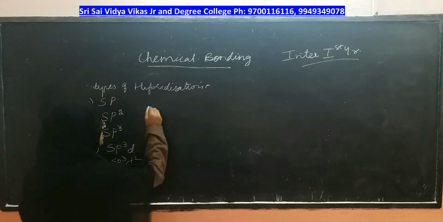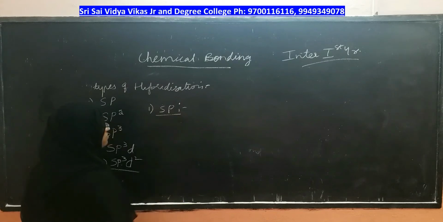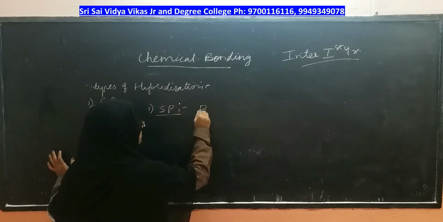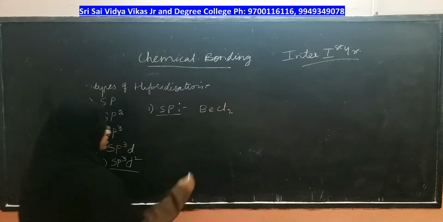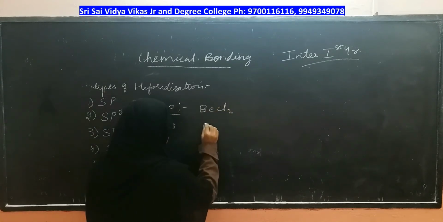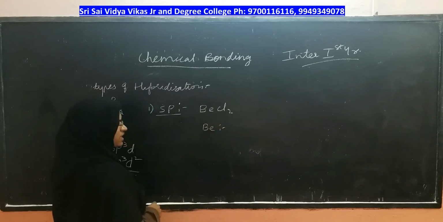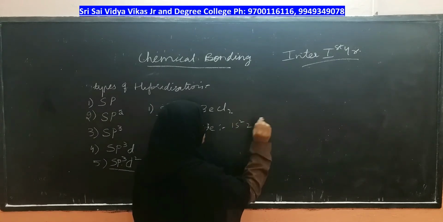sp hybridization we have already seen. Let us extend that sp hybridization to a molecule of beryllium dichloride. So now let us take the beryllium atom first. What is the electronic configuration of beryllium? 1s2 2s2.